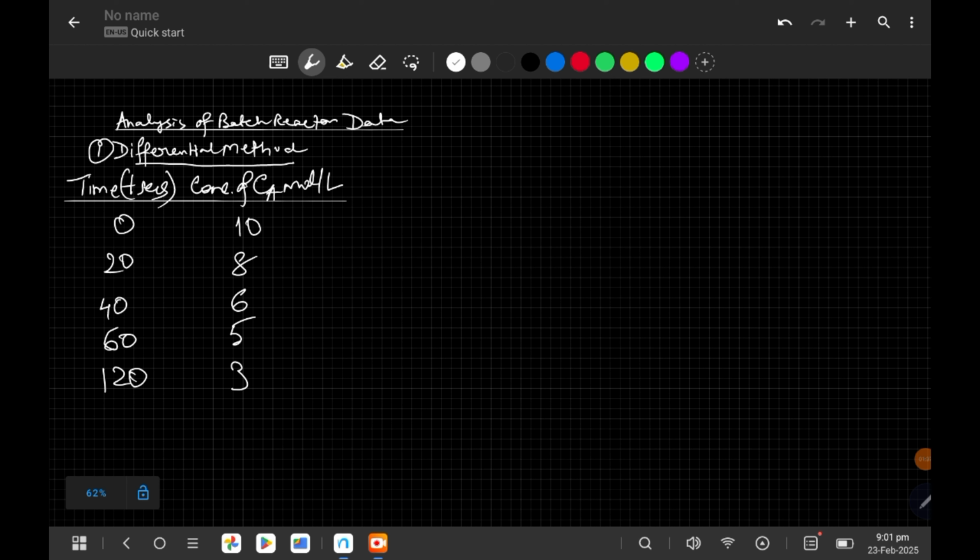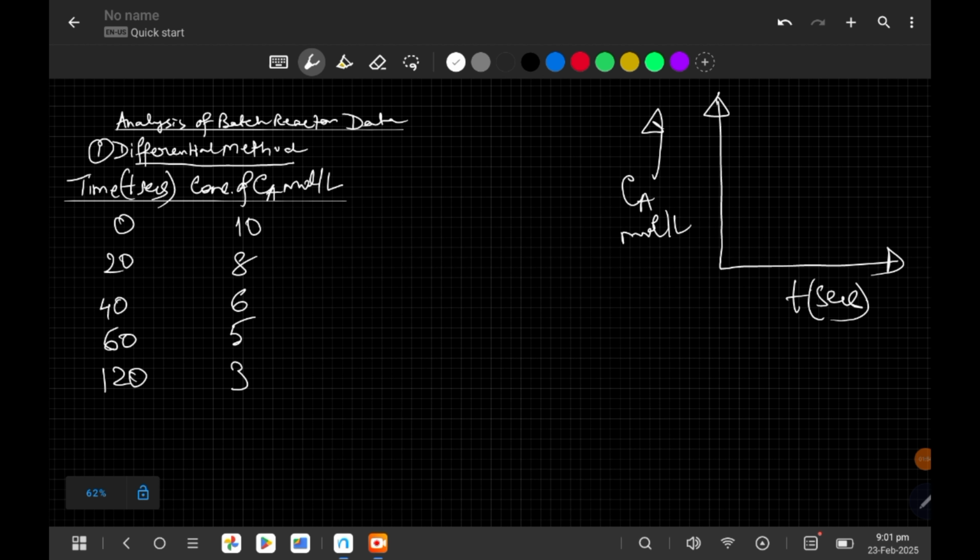As you can see, as the time is increasing, the concentration is decreasing. So if you plot this data, with Ca in moles per liter on the y-axis and time in seconds on the x-axis, here we are plotting the points.